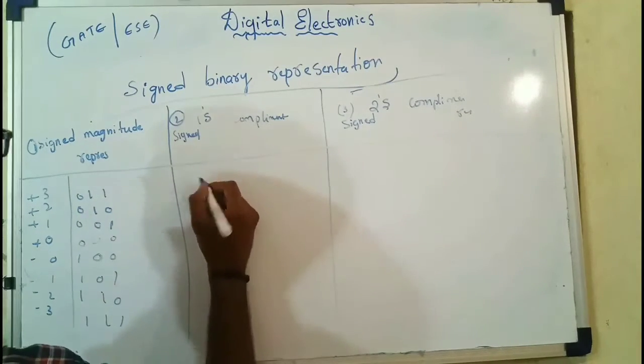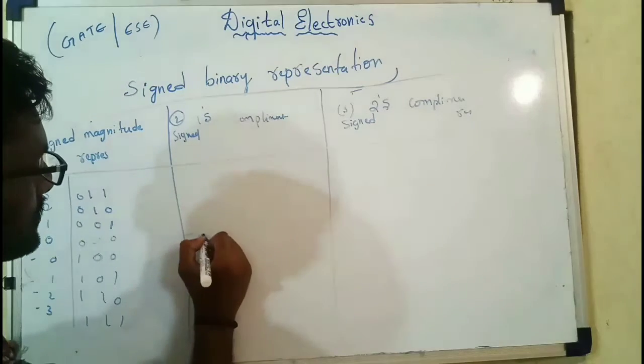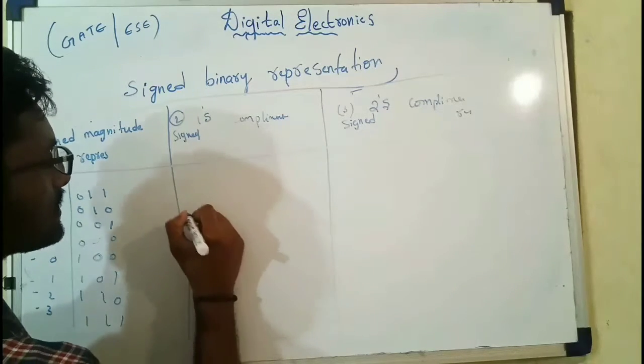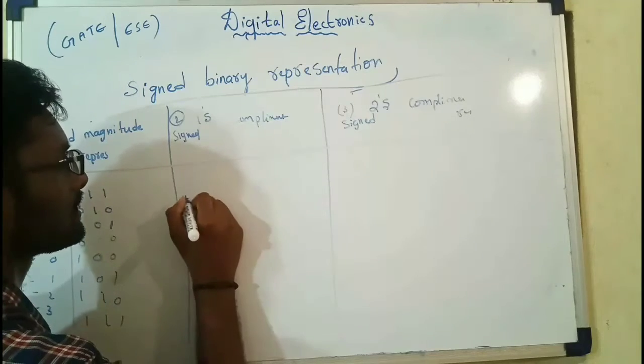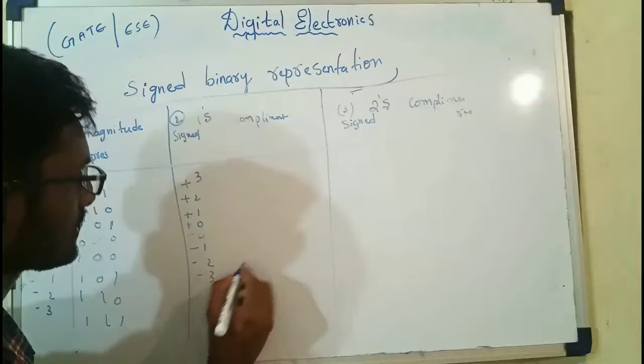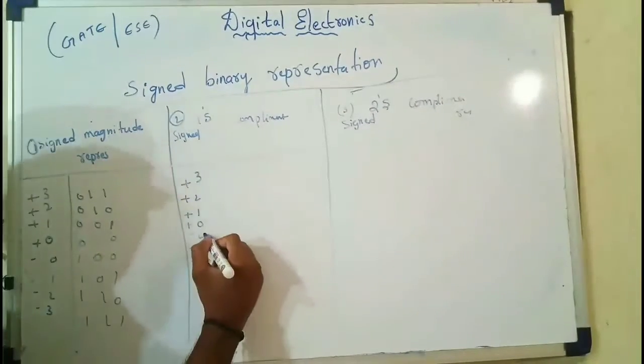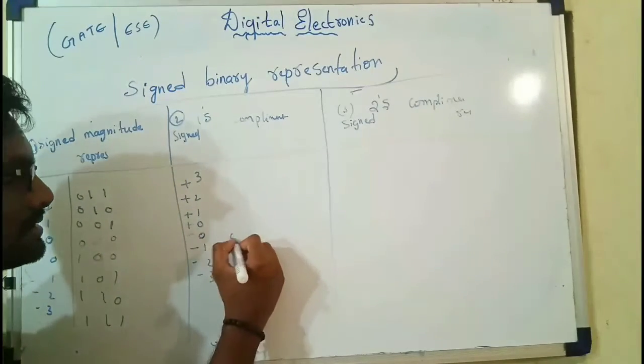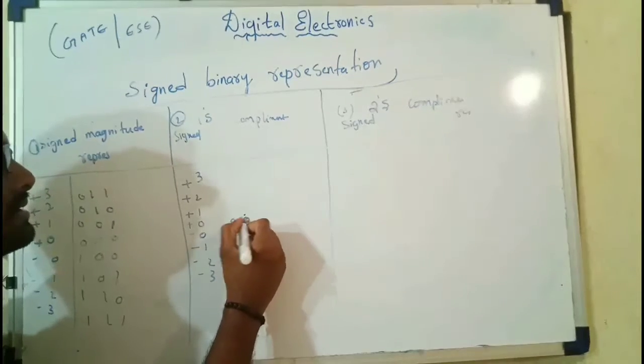Here it's minus 0, plus 0, which is plus 1, plus 2, plus 3, minus 1, minus 2, minus 3. This is 0 0 0.